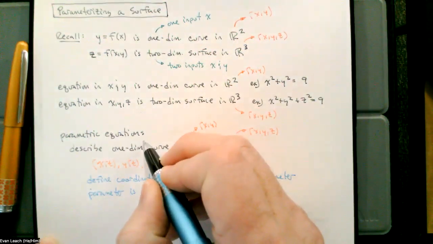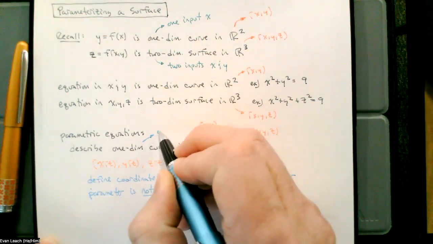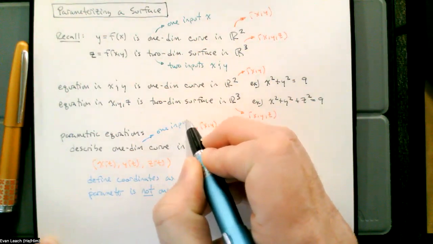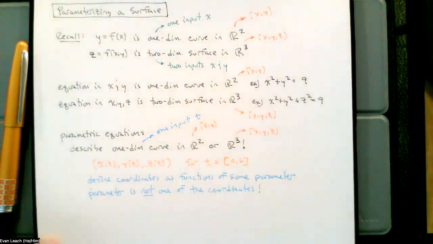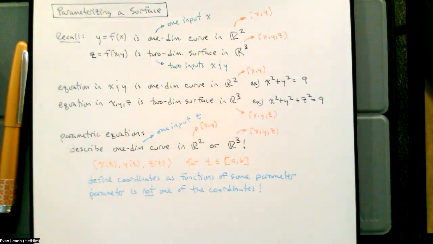So this one-dimensional business is still because we have one parameter. If we want to parameterize a surface, we'll just use two parameters. We have two parameters that'll produce a two-dimensional surface.